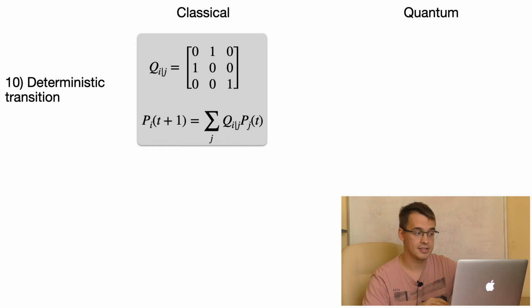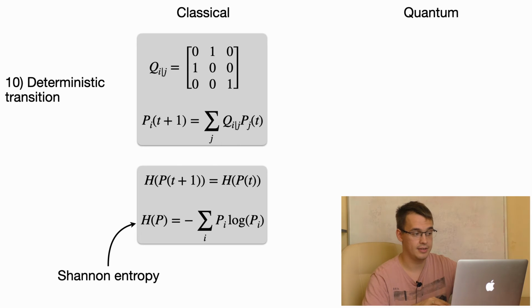Now let us consider the case of deterministic transition in classical and quantum cases. A deterministic transition is a kind of transition that doesn't introduce any uncertainty into a system. In the classical case, a deterministic transition can be described by a so-called permutation matrix, which is a special case of a transition matrix. One can show that the dynamics induced by a permutation matrix doesn't increase Shannon entropy, which means that this type of transition doesn't introduce any uncertainty into a system.